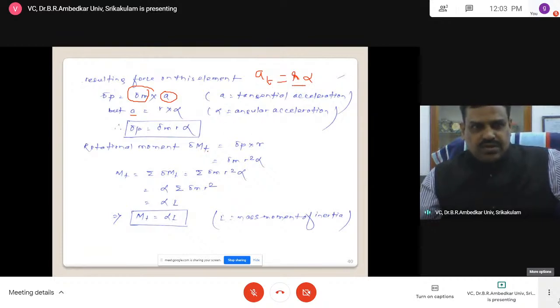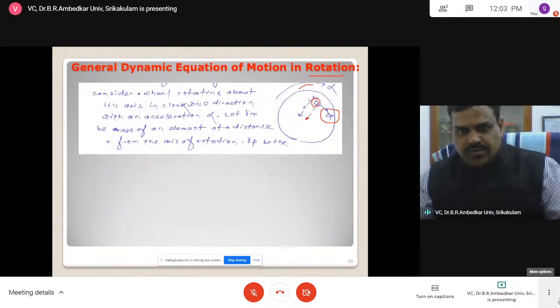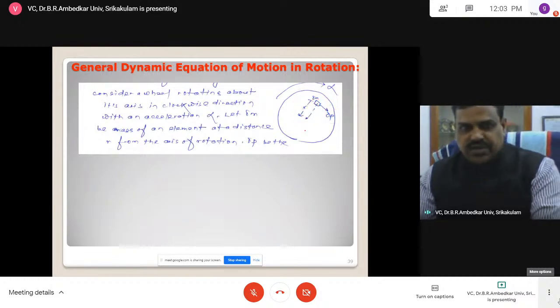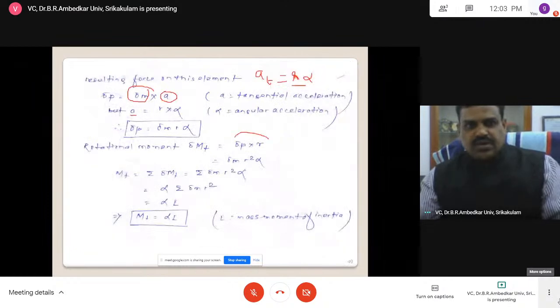See, the moment about this point is equal to this force multiplied by the perpendicular distance, that is dp into r. If I substitute here, dp into r.